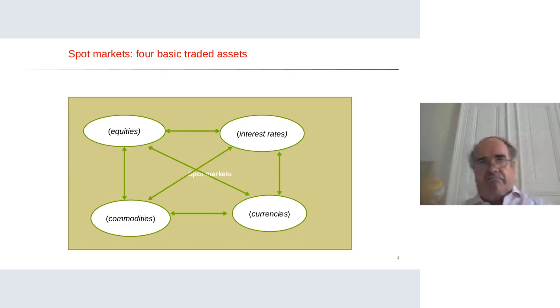We don't understand how banks can lend with a negative interest rate. I will explain after why we have negative interest rates. Okay, so you can borrow and lend on a spot basis and also on a forward basis.